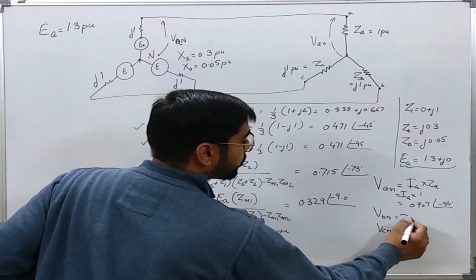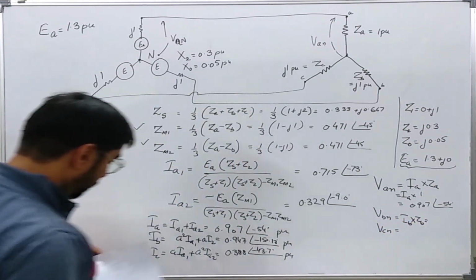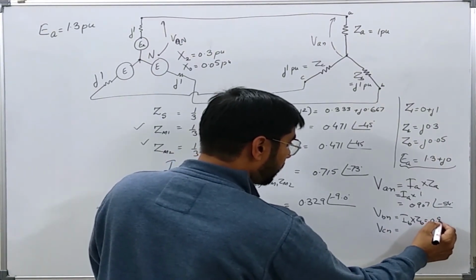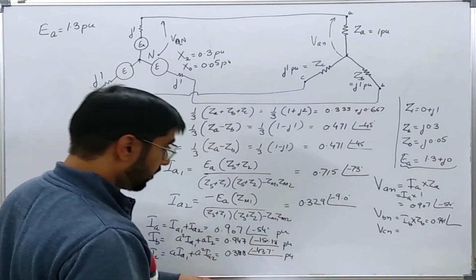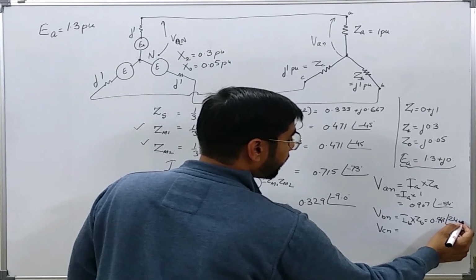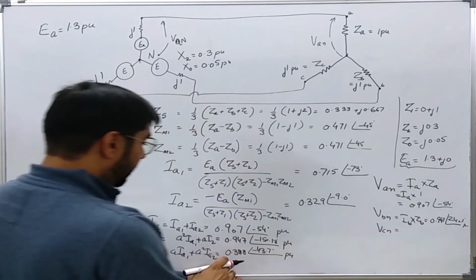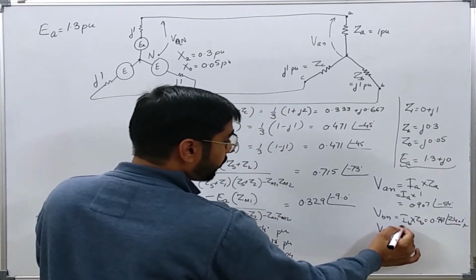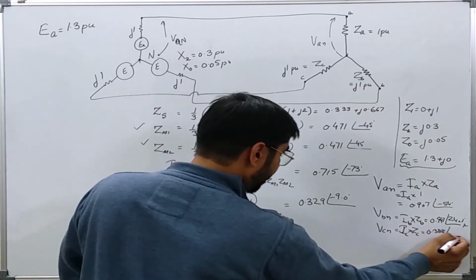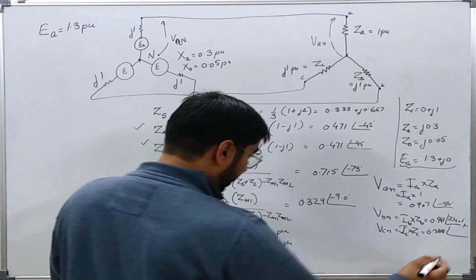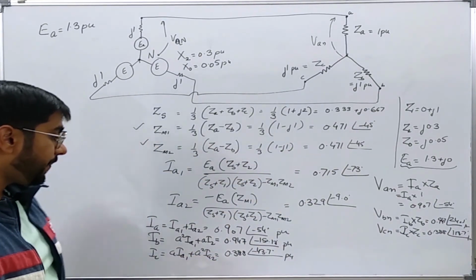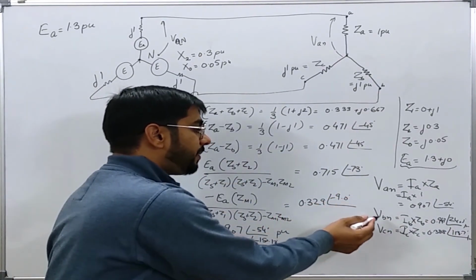IB into ZB is equal to 0.947 angle 240.1 degrees per unit, and VCN is IC into ZC, which is j1 only, and it comes out to 0.388 angle 113.7 degrees per unit. So in this way we can find VAN, VBN, VCN.